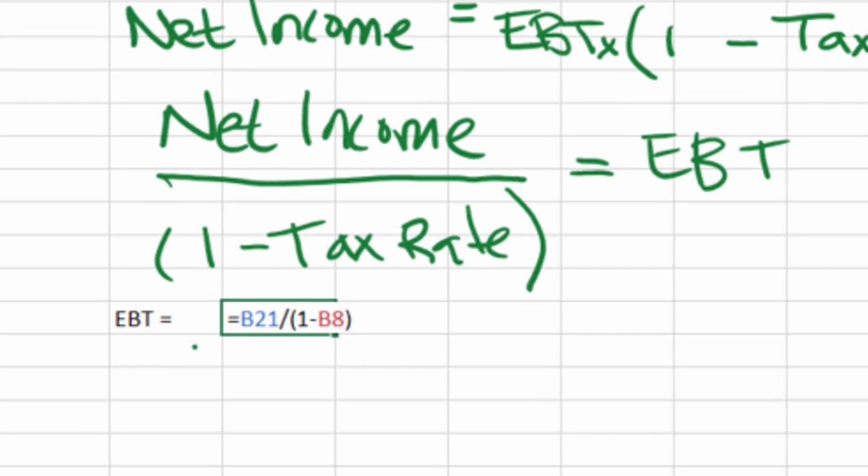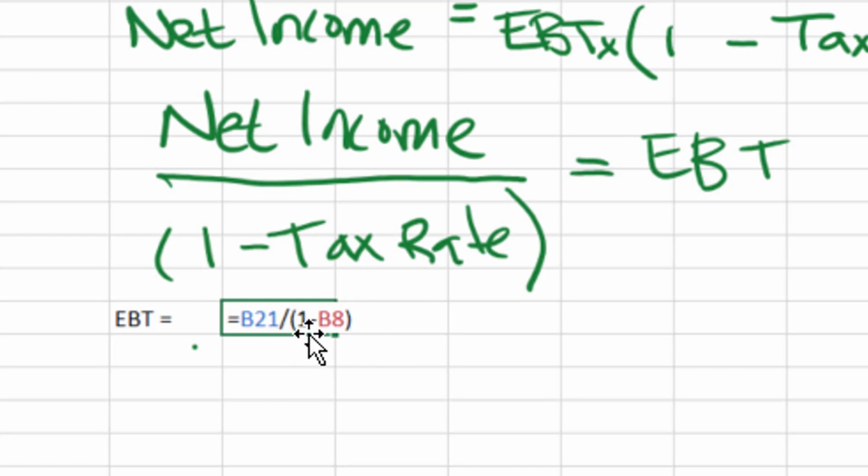So in Excel, whenever we're doing these kinds of things, you can see that this is just as if we would type it into a calculator. We're going to just type it into this cell. So equals net income, B21. It highlights it blue for us there so we can make sure we have the right one.